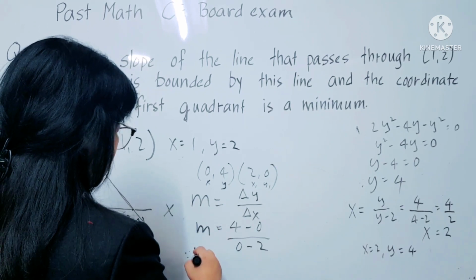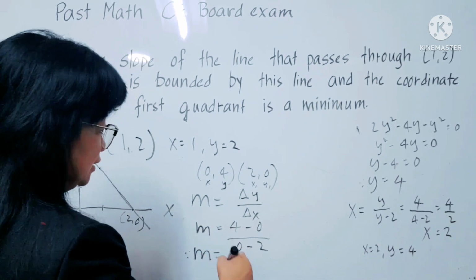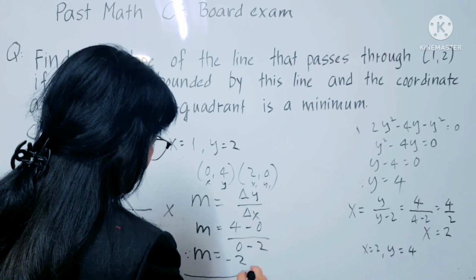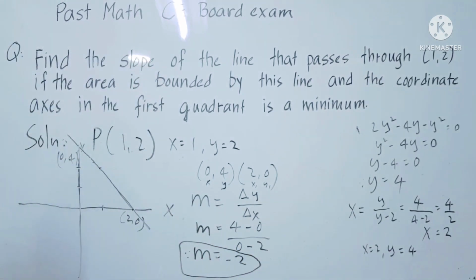Therefore, the slope of the line is 4 divided by negative 2, which is equal to negative 2. This is the slope of the line we're looking for.